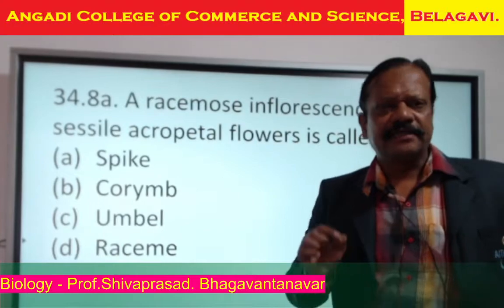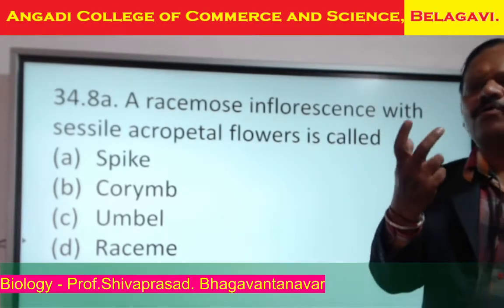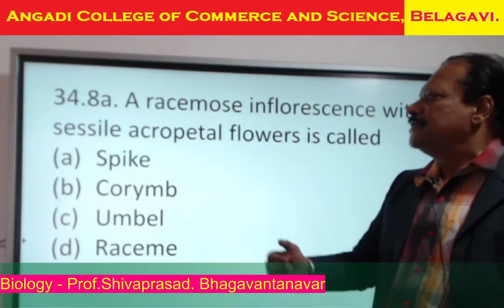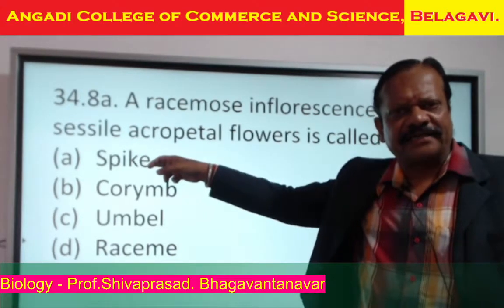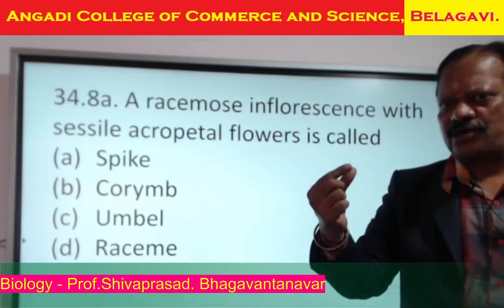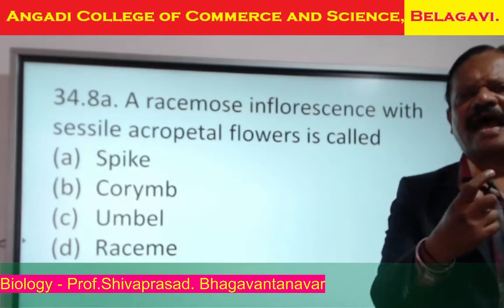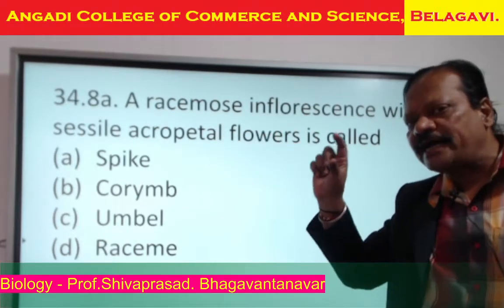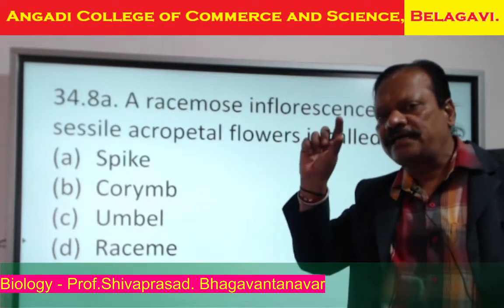Acropetal means the younger flowers are at the top and older flowers are at the base. So here, in the spike type of inflorescence, younger flowers are at the top and older flowers are at the base, and they form the elongated spike-like inflorescence.